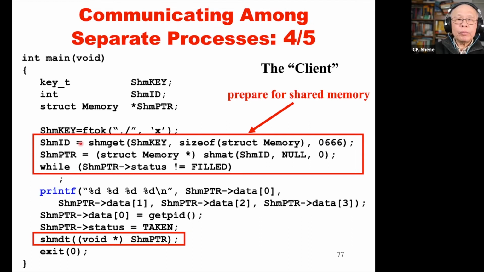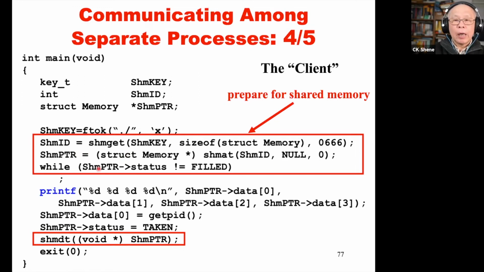So shmget returns the shared memory ID. And we use this shared memory ID to call shmat. It would return the shared memory pointer, which has to be cast back to the correct type.